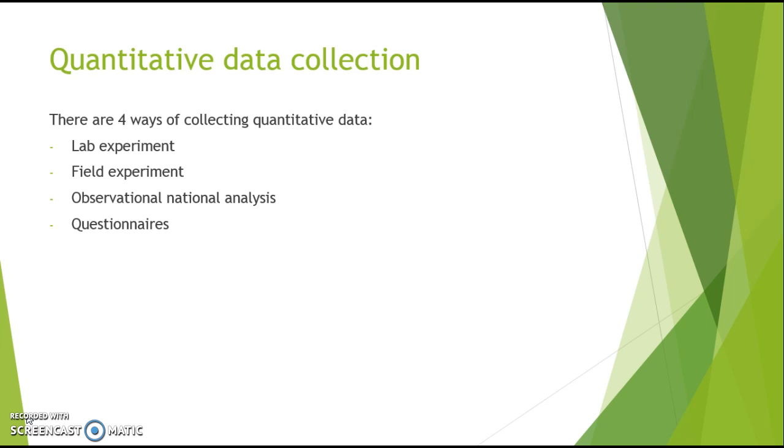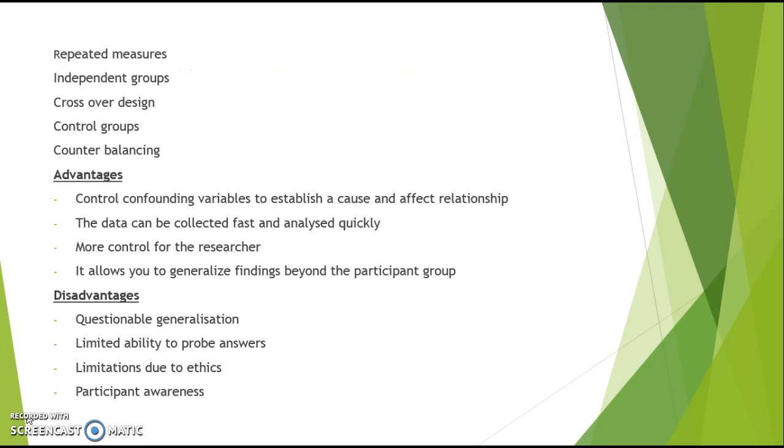There are four different ways of collecting quantitative data. These are a lab experiment, field experiment, observational analysis, and questionnaires. Repeated measures are where the same participants are used in both conditions.